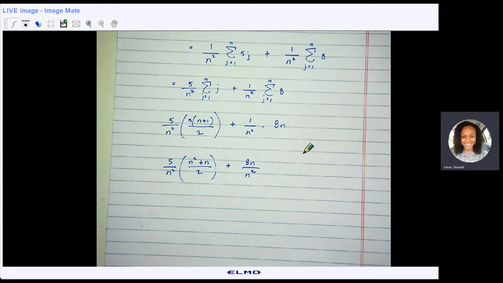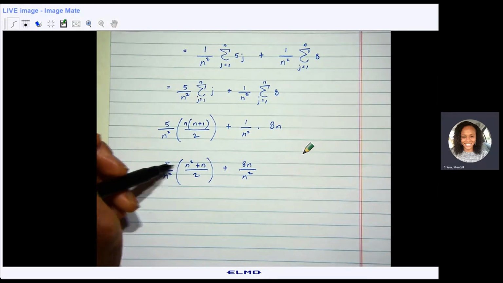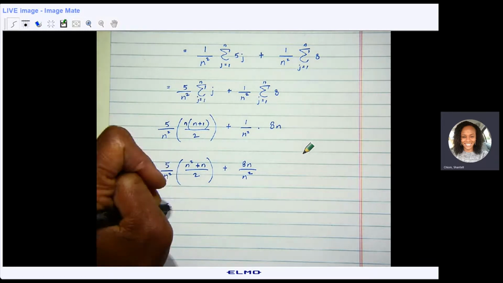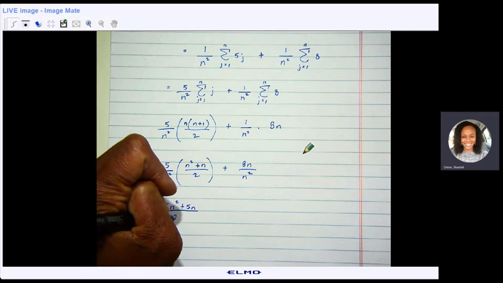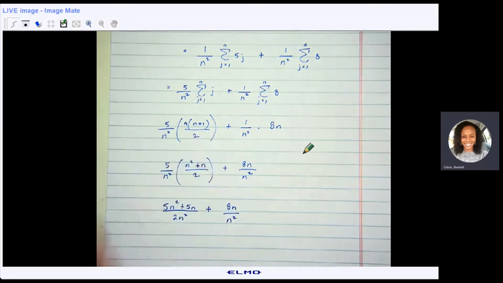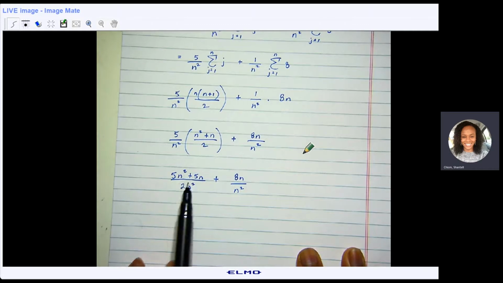And you don't really have to do much more than this, but if you want to, you can distribute top and bottom. So this would be 5n squared plus 5n over 2n squared, and then plus 8n over n squared. Now, one thing we should have done is actually reduce.